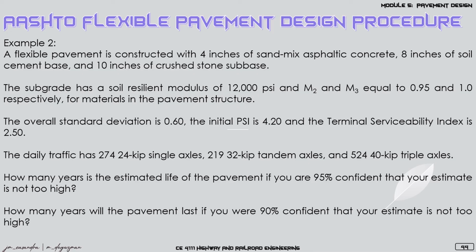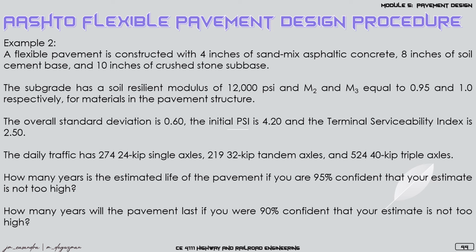M2 and M3 are equal to 0.95 and 1.0 respectively for the materials in our pavement structure. The overall standard deviation is 0.6, the initial PSI is 4.2, and the terminal serviceability index is 2.5.